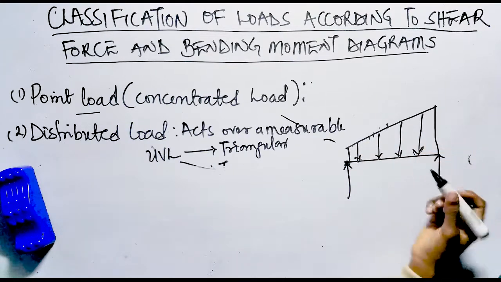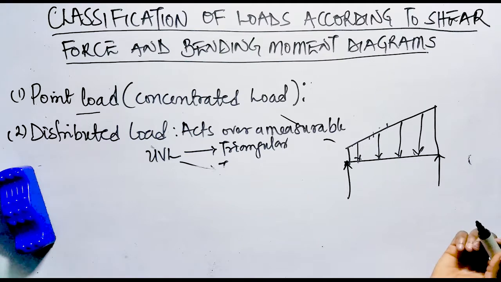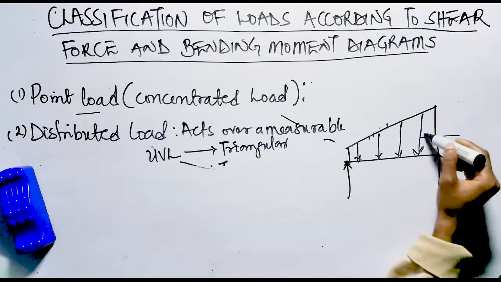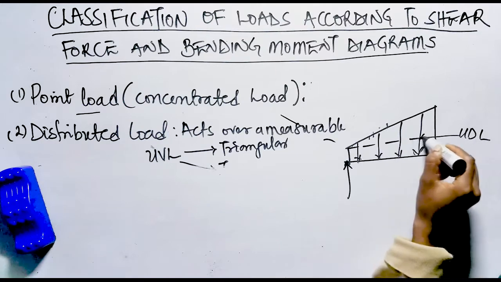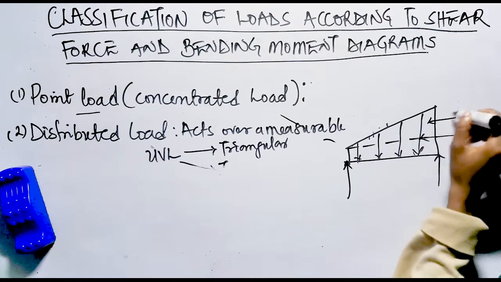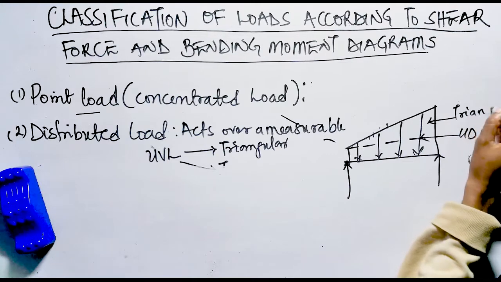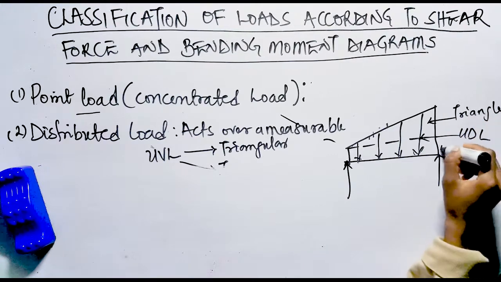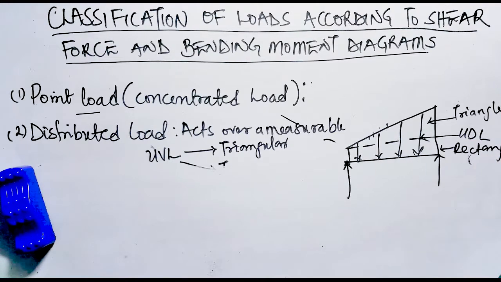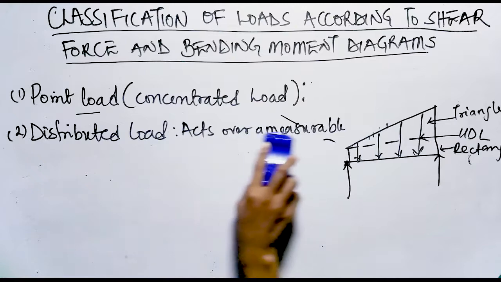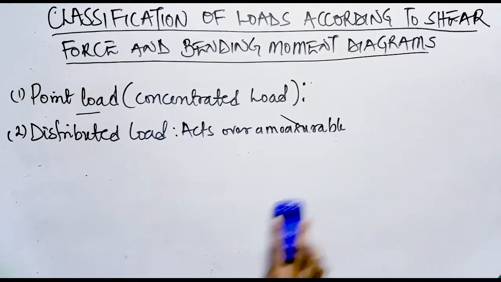So from here, you see that this is a UDL and also it is a triangular load. You can see that this trapezium can be divided into two, which will result to a triangle and a rectangle. So the triangle is a triangular load while the rectangle is a UDL. So that is how a trapezoidal load is formed. I am also going to be showing you how to convert this load into point load in subsequent videos.